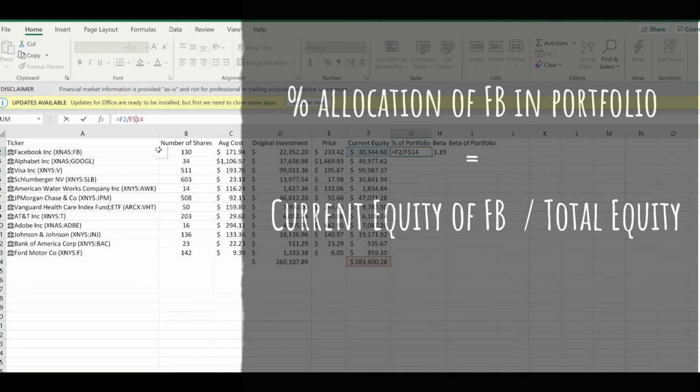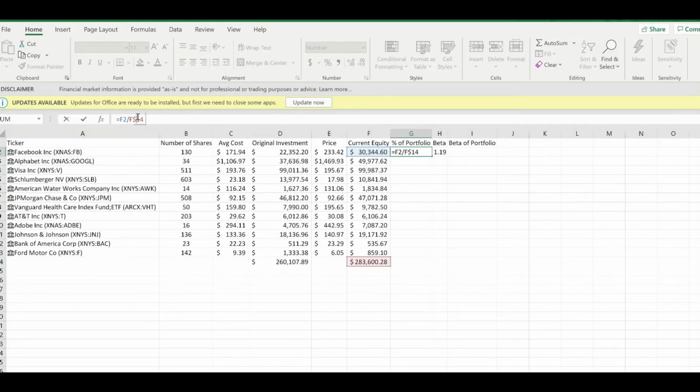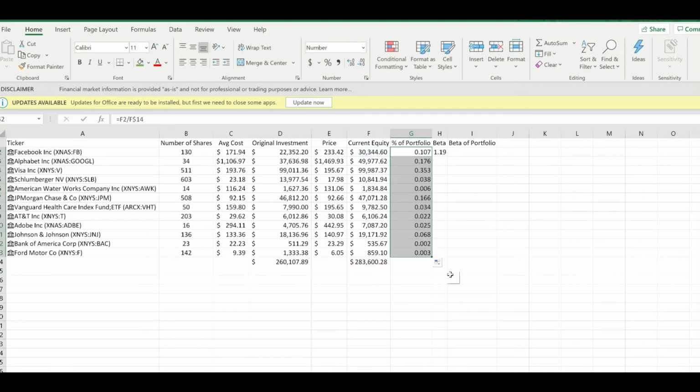So for that, we put the dollar symbol, so that will make sure that the Excel will treat this column as a constant, and the numerator will move accordingly. So now let's calculate how that gets populated. So if you look here, F13 divided by F dollar symbol 14.